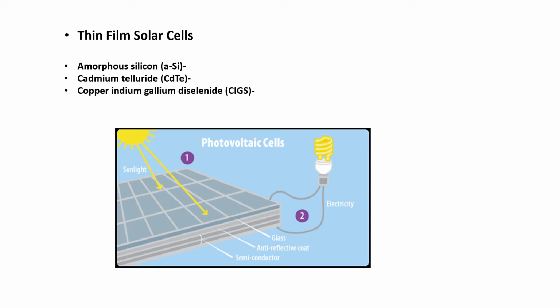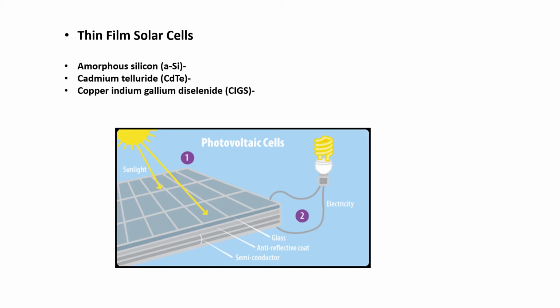We have already discussed amorphous silicon in the previous part of this lecture. The main advantage of amorphous silicon solar cells is that they provide a cheaper alternative to wafer silicon solar cells, which are sometimes not easy to find, as demand exceeds supply.